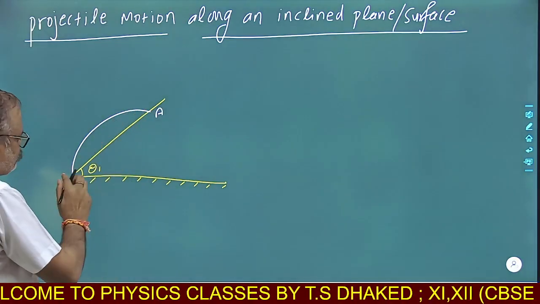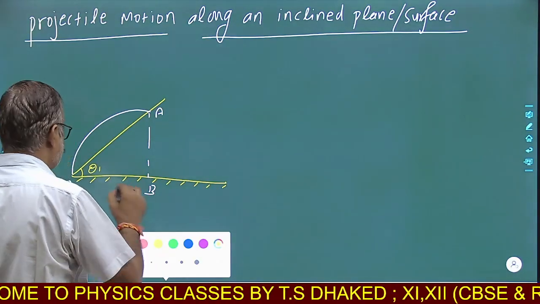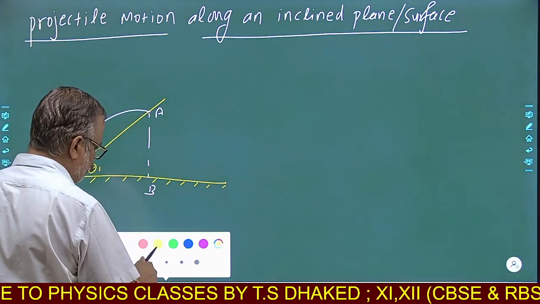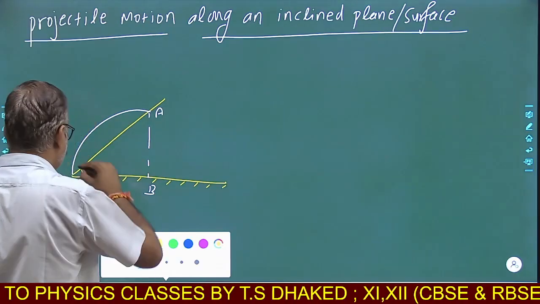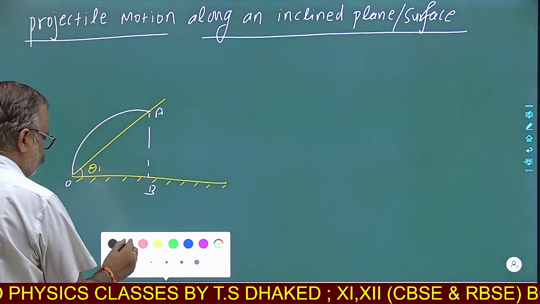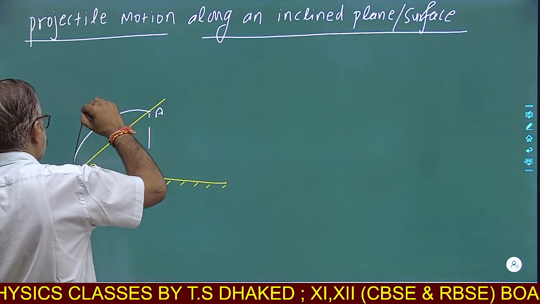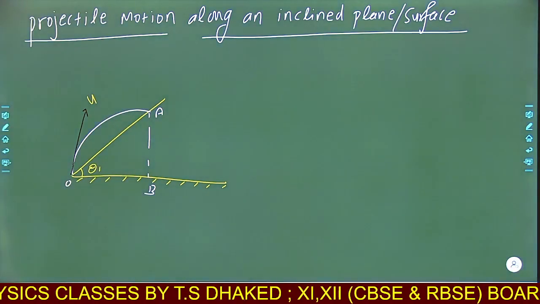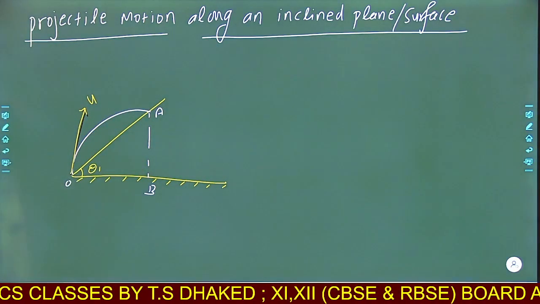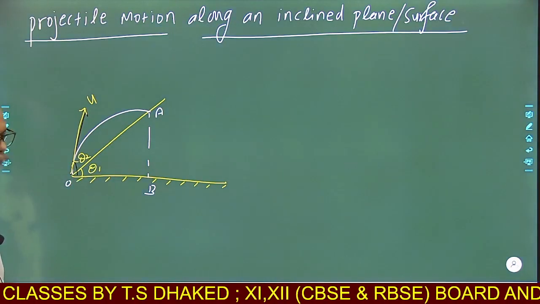रेंज ऑन इंक्लाइंड सरफेस OA. परपेंडिकुलर ड्रॉप करेंगे, D. Its initial velocity U. Initial velocity makes an angle theta2 from horizontal.